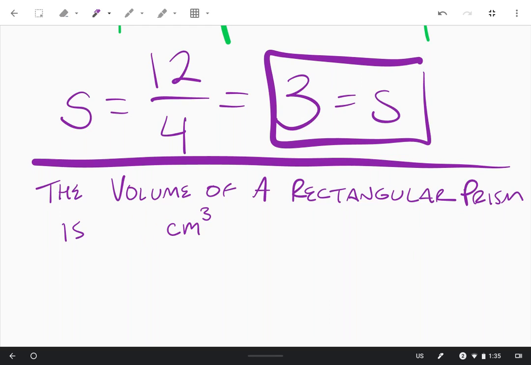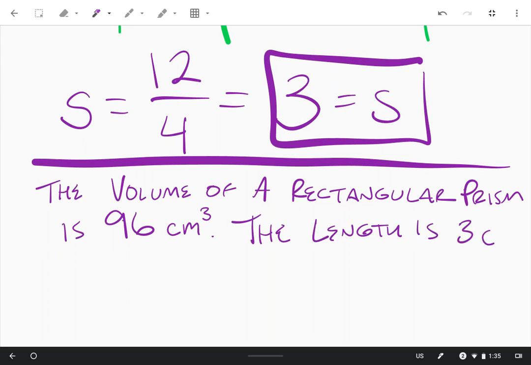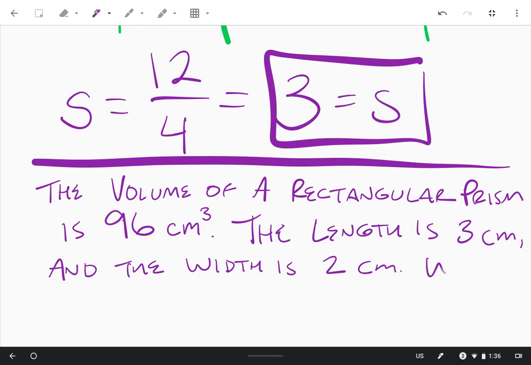Let's say it's actually 96 centimeters cubed. The length is 3 centimeters, and the width is 2 centimeters. What is the height of the prism?